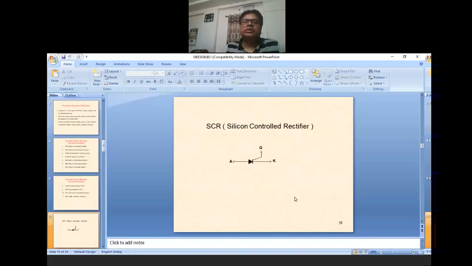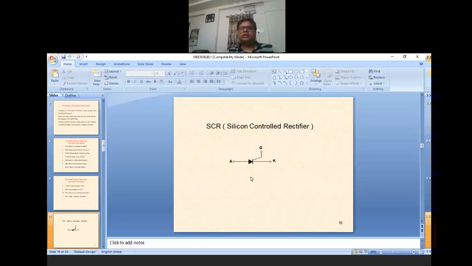We will go through the symbols of the thyristor family devices one by one. First, to start with, it is the SCR, silicon controlled rectifier. Why is it called a controlled rectifier? That will be discussed when we discuss the VI characteristics of the SCR.